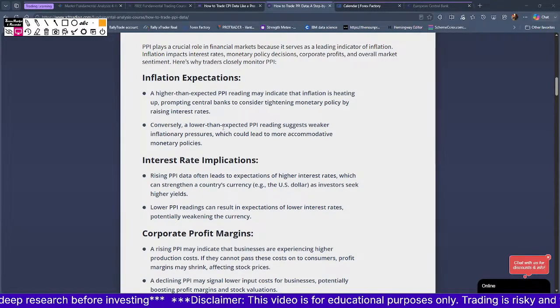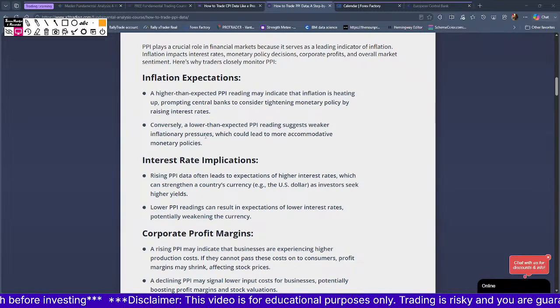Conversely, a lower than expected PPI reading suggests weaker inflationary pressure, which could lead to accommodative monetary policy. So this is what you should observe.